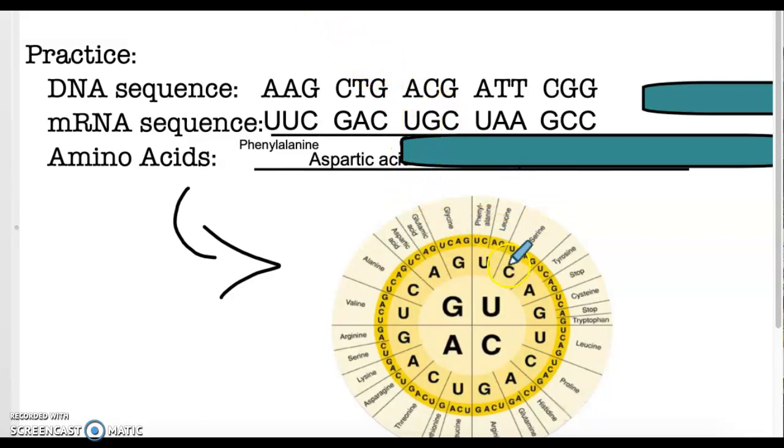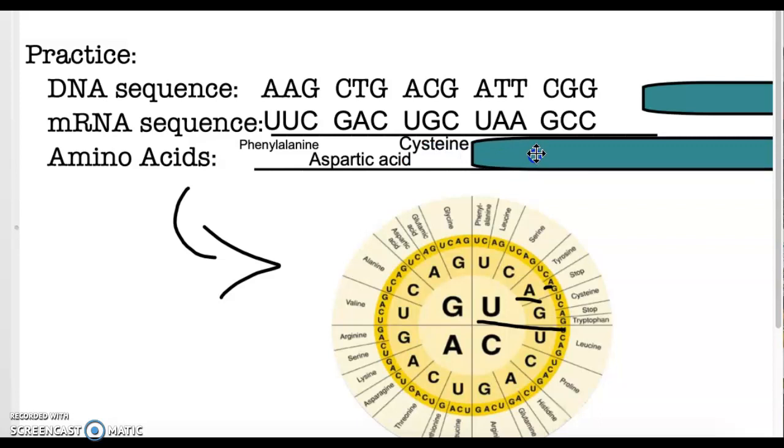All right, so UAA would be stop. It would be the stop codon. So then you don't do GCC because you stopped. The amino acid sequence is done because we reached our stop codon.